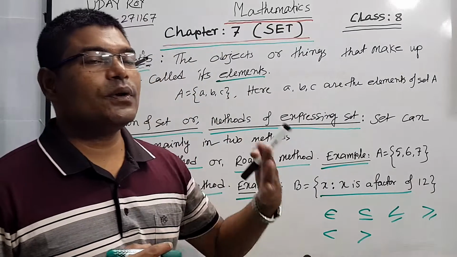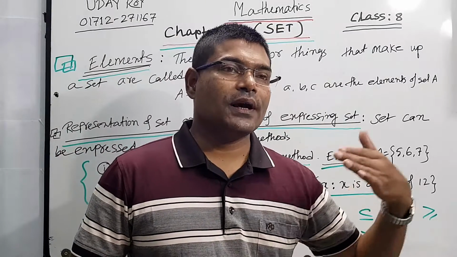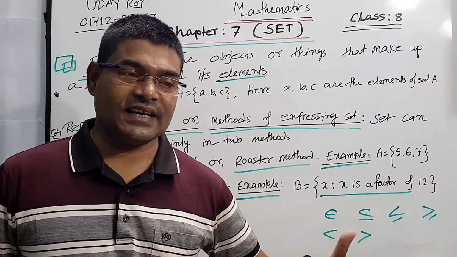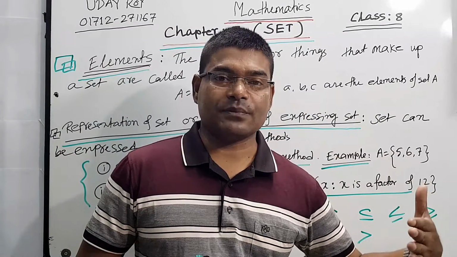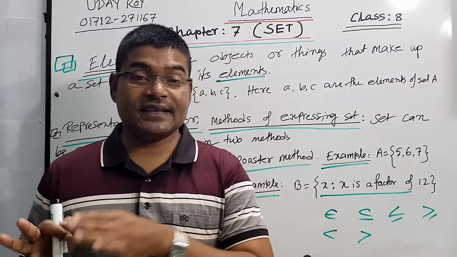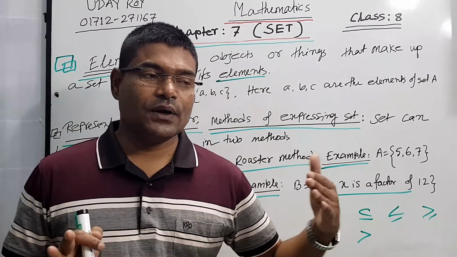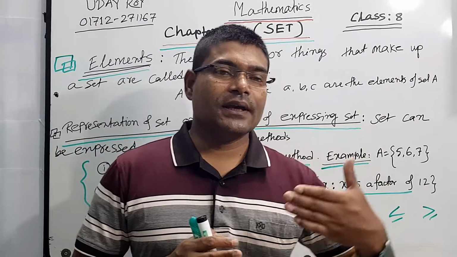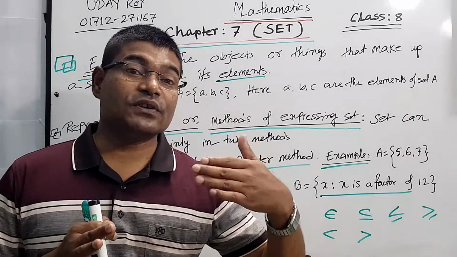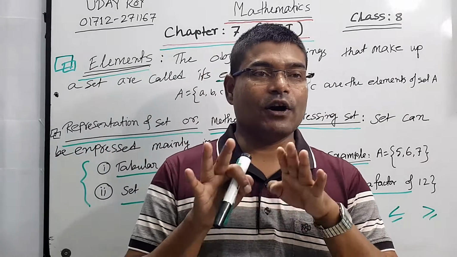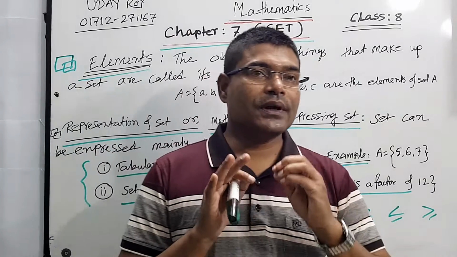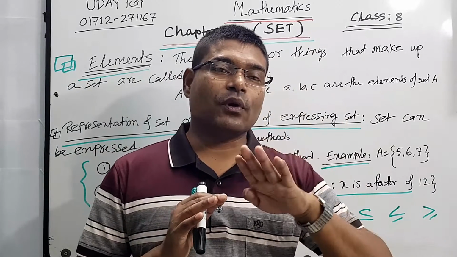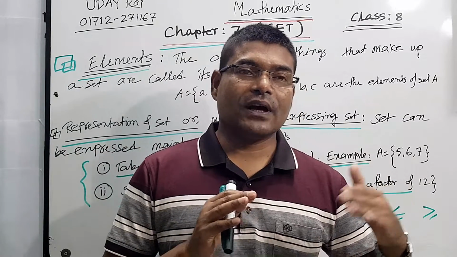So we will learn now universal set, then complement of set, union of set, intersection of set. Okay, so if you want to learn set, chapter 7, you have to follow 2 lectures.